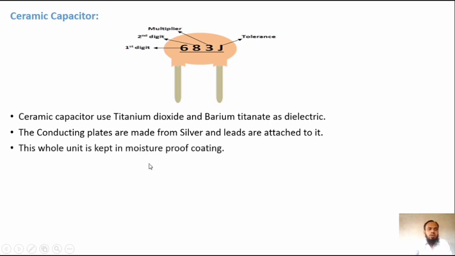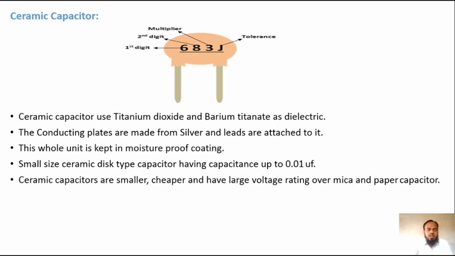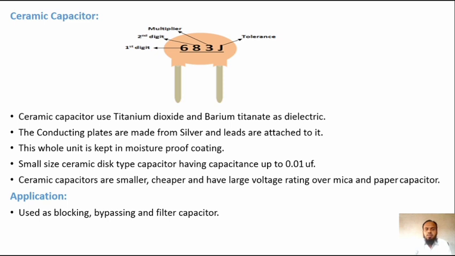This whole unit is kept in a moisture proof coating. A small size ceramic disc type capacitor has capacitance up to 0.01 microfarad. Ceramic capacitors are smaller, cheaper, and have a larger voltage rating than mica and paper capacitors. Applications are blocking capacitor, bypassing capacitor, and filter capacitor.